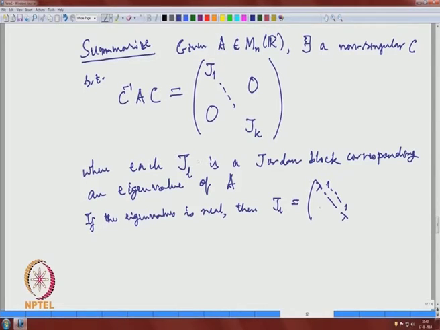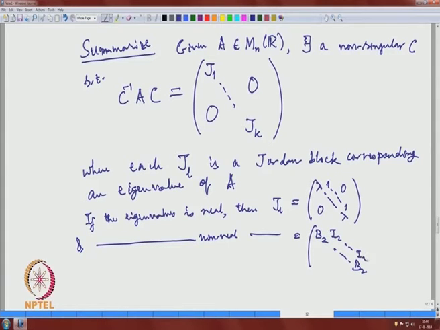Okay. So, this is not the only possibility, there will be several blocks, and if the eigenvalue is non-real, then this will be just B 2, B 2, I 2, I 2. That is the only difference.